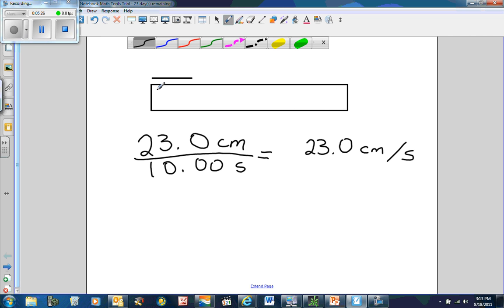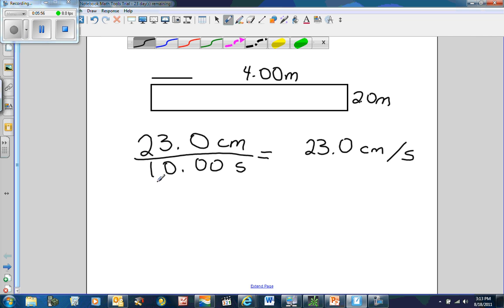All right, so what if I want to find, let's look at this rectangle up here. Let's say you want to find the area of a rectangle. You multiply length times width. And let's say the length is 4.00 meters. And let's say the width is 2.0 meters.